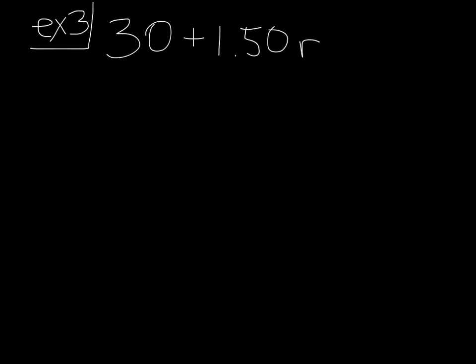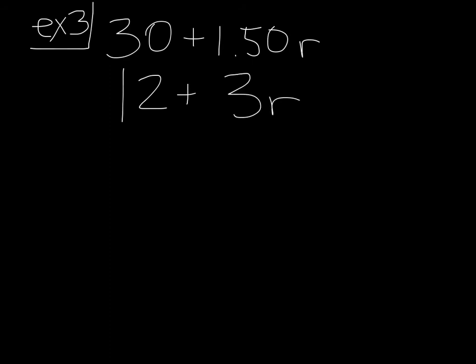Here's example 3. It says under Plan A, an annual membership costs $30 plus $1.50 for each DVD rental. So it's $30 plus $1.50 per rental. Under Plan B, the annual membership costs $12 plus $3 per rental.